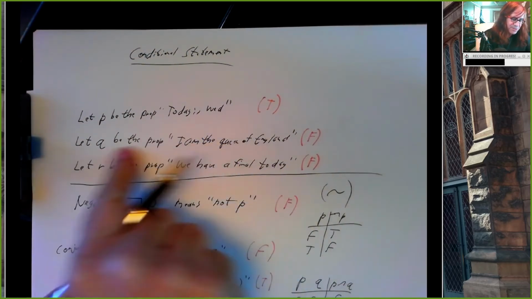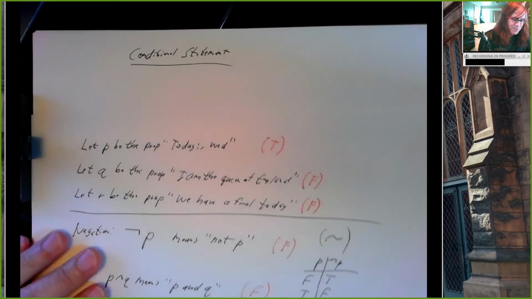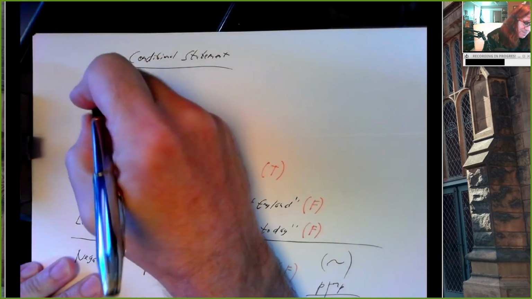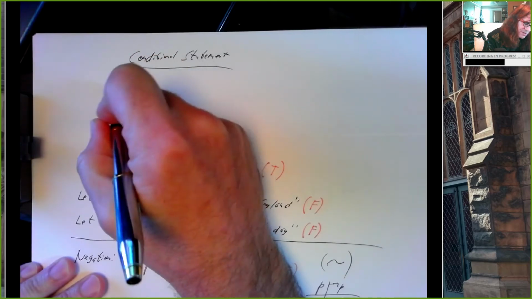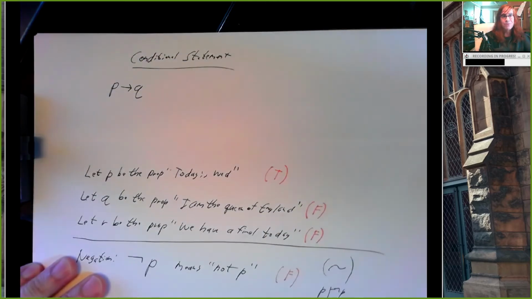P is this proposition, Q is this, R is that, right? So a conditional statement is written like this. It's a proposition and another proposition with an arrow in between them.